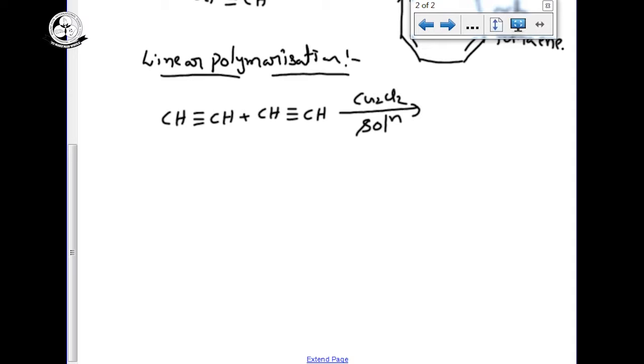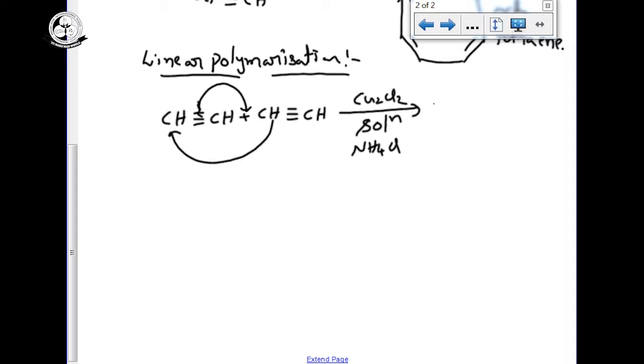If the linear polymerization is done, and we add ammonium chloride also, NH4Cl, by the linear polymerization we can get first monovinyl acetylene, then second we can get divinyl acetylene. One of the molecules, you want to break one of the multiple bonds, and the multiple bond is shifted in between these two carbons, and hydrogen is shifted into this carbon.